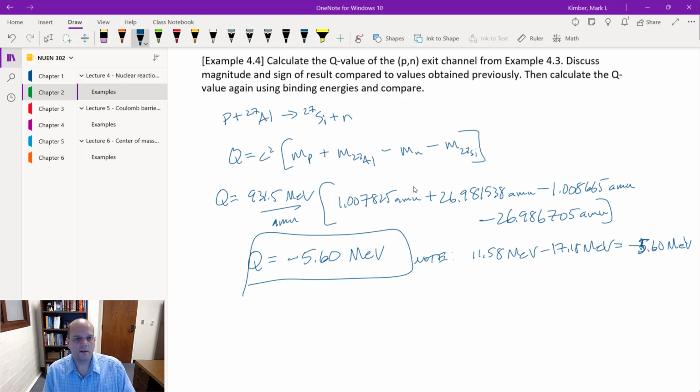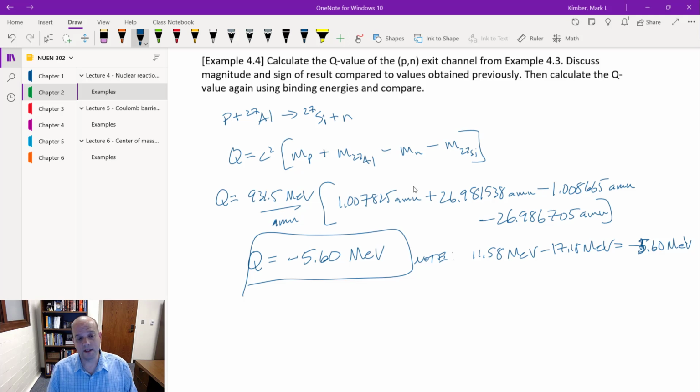So without doing the sub-analysis steps with the compound nucleus, we can just look at the beginning products and end products, and now we have a measurement for how much energy it would require for us to go from the reactants to the products. And in that case, it's negative 5.6.